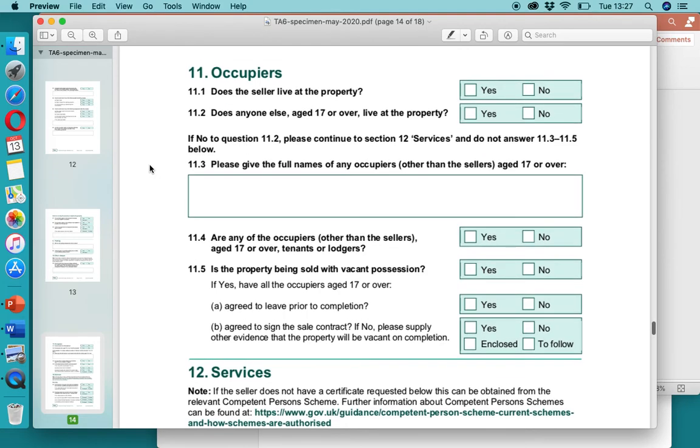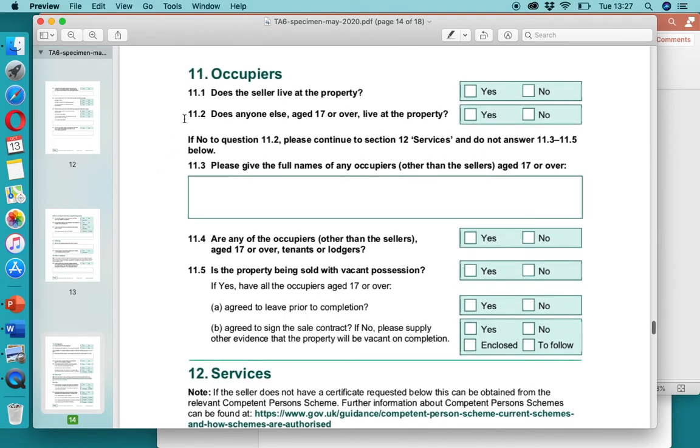So question 11, I'll flick to the top of it in a minute, but question 11 being specifically pertinent to what we want to know today. Does the seller live there? Does anyone else live there? Please give the name of anyone else who lives there as an adult. Are those people tenants or lodgers? Are they going to be gone?